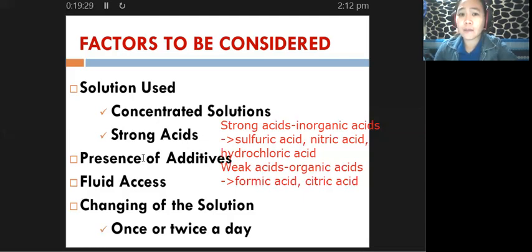The denaturation of proteins may be brought about by their exposure to strong acids. So enzymes, being protein in nature, will be denatured by strong acids.